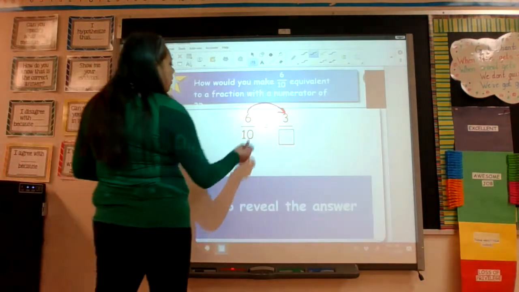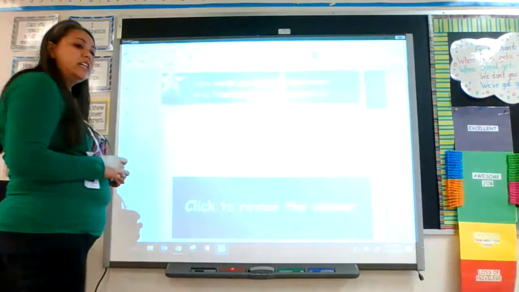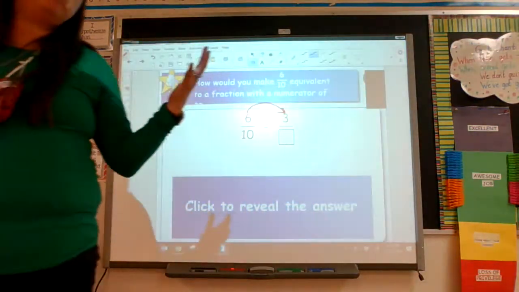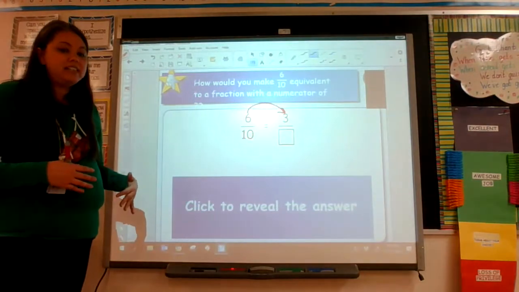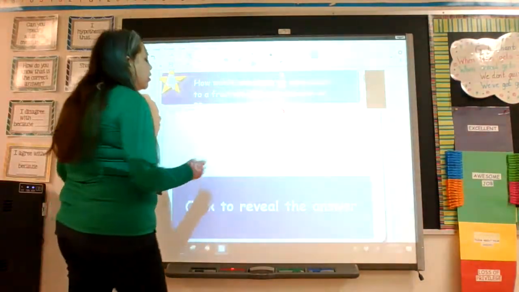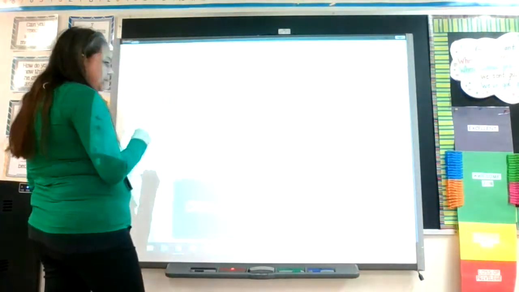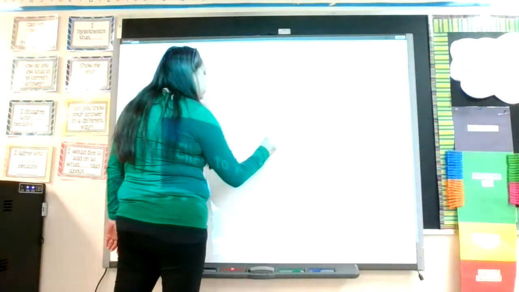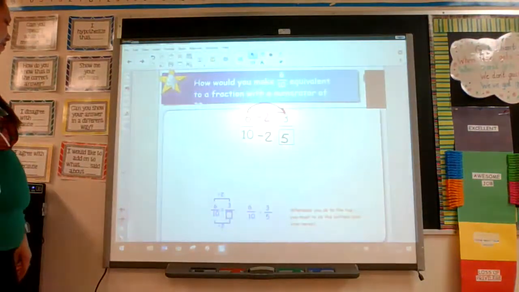So here we're going to either subtract 3, but we don't subtract when we're finding equivalent fractions. We either multiply, divide. Multiply, divide. That's that chant again, by the same number, top and bottom. So we're going to divide that by 2 to get 3. Then when I do the top, we do to the bottom. So 10 divided by 2 is 5.